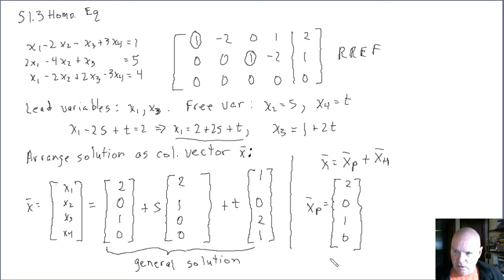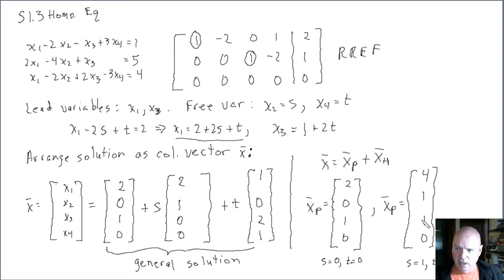This would be with s equal to 0 and t equal to 0. But another particular solution, if I just let s equal 1 and t equal to 0, I'm going to get 2 plus 2 here, or 4, and 1, 1, and 0. This would be another particular solution.